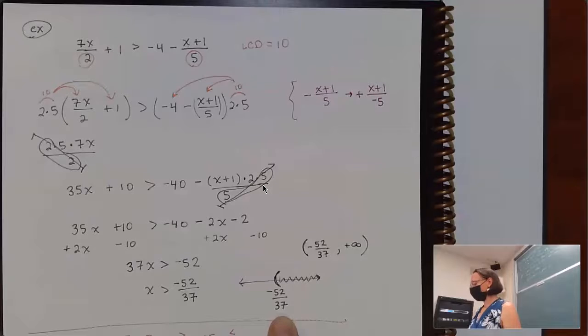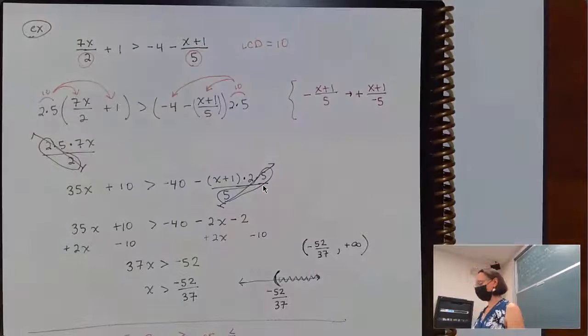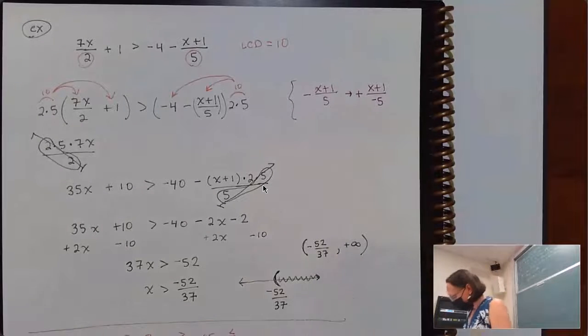But whatever it is, 0 is over here for sure, because it's some kind of negative number. So if I were to go back to the original equation and try plugging in 0, let's test 0.